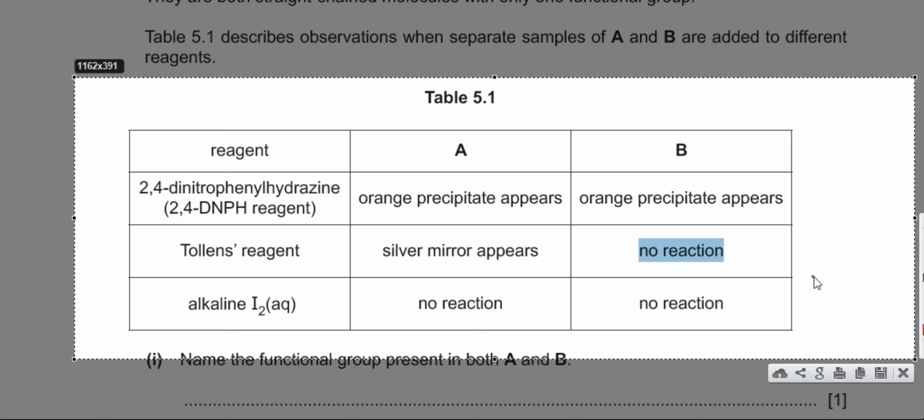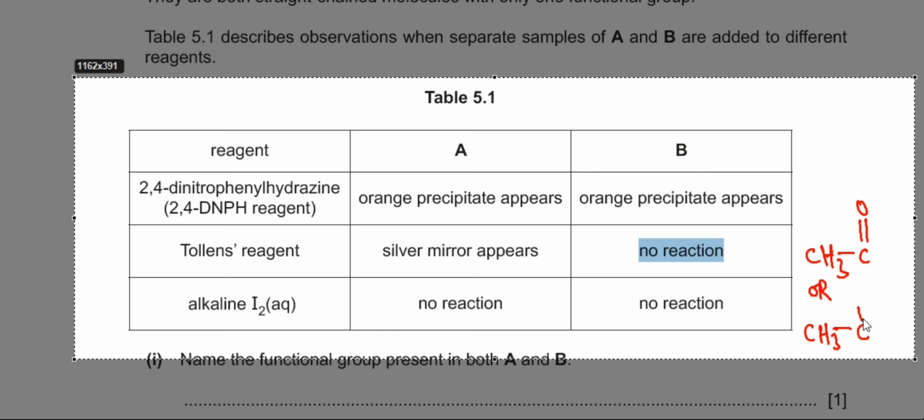This test is going to check the presence of CH3 C double bond O, or it could be CH3 bonded C bond O. But from the previous two tests, it is clear that we have the carbonyl group, not this one in this scenario.